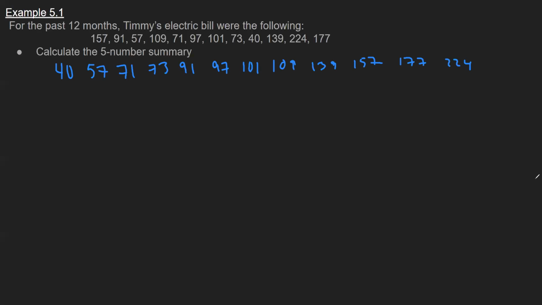So the 5-number summary, well, what is it? Let's review that rule. Your 5-number summary is going to be your minimum, your first quartile, labeled Q1, your median, your third quartile, labeled Q3, and then your maximum.